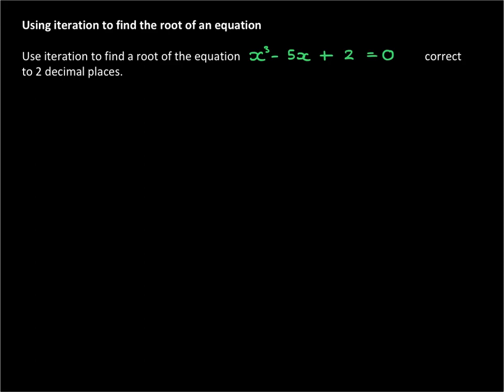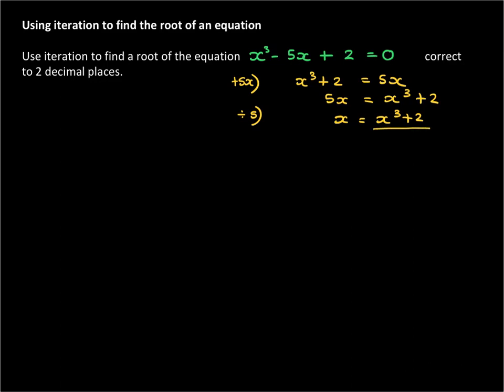So firstly, I'm going to add 5x to both sides. So I end up with x cubed plus 2 equals 5x, and I might just write it out the other way round, so 5x equals x cubed plus 2, and then I'm going to divide by 5, so I've got x is equal to (x cubed plus 2) over 5.